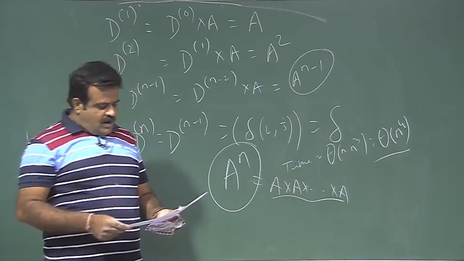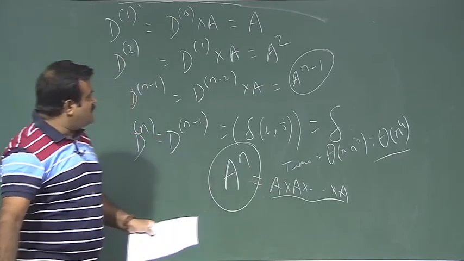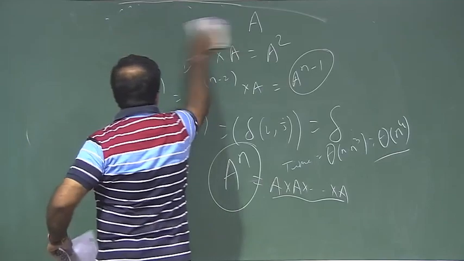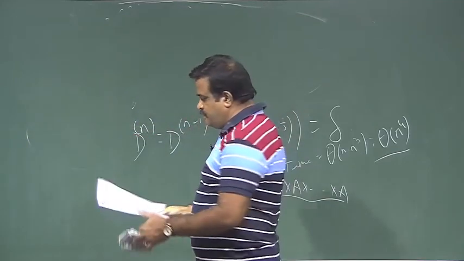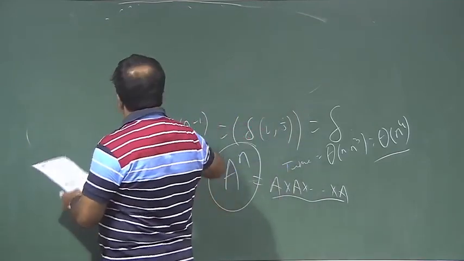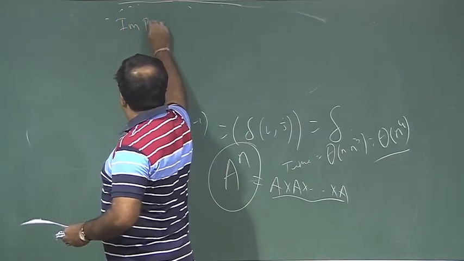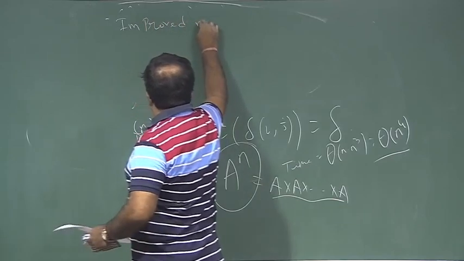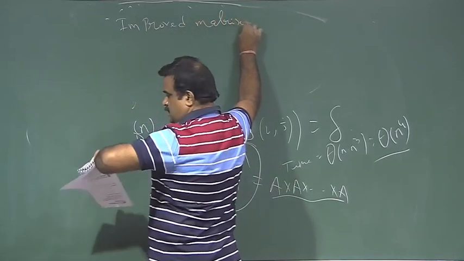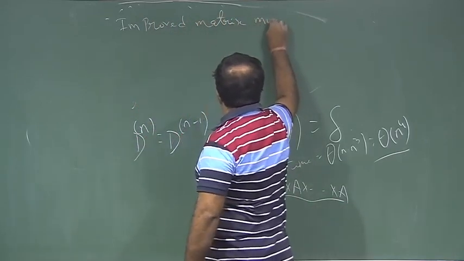Now how to improve this matrix multiplication? We can improve it by repeated squaring. This is the improved matrix multiplication.